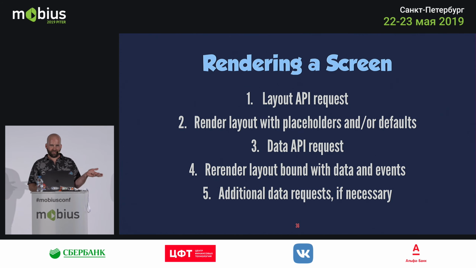And I mentioned the paginated requests, so if we need to get additional data, then we'll fetch that when the user scrolls to the bottom of the screen or something like that. I mentioned Litho's optimized to diff the changes. So it's that Redux style loop that I showed, just over and over.